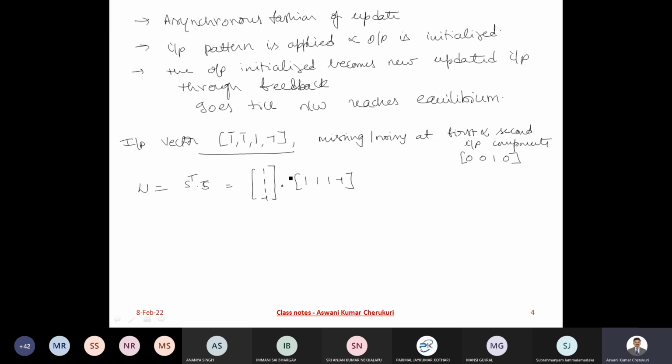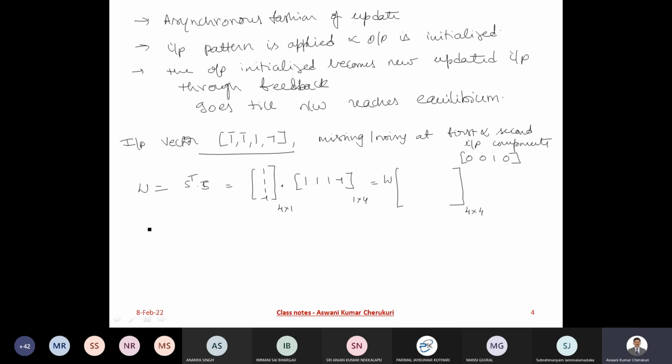So what would your weight matrix be? It is a 4 cross 4 weight matrix, W.